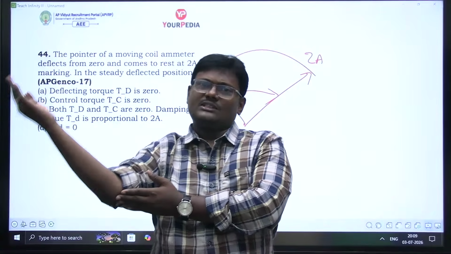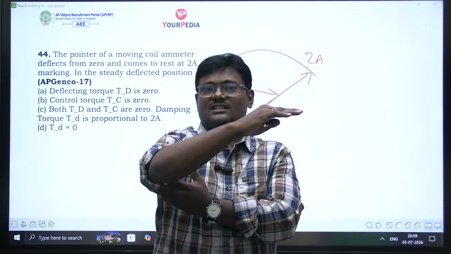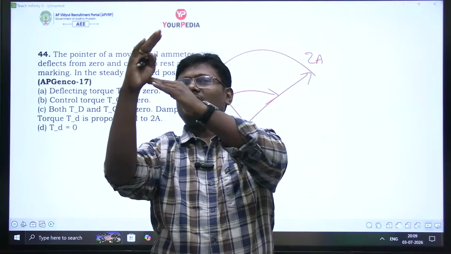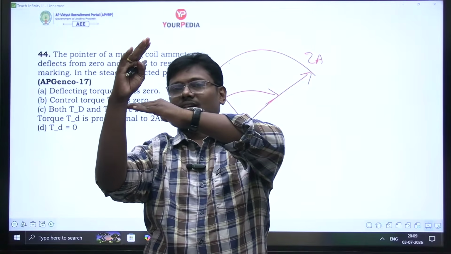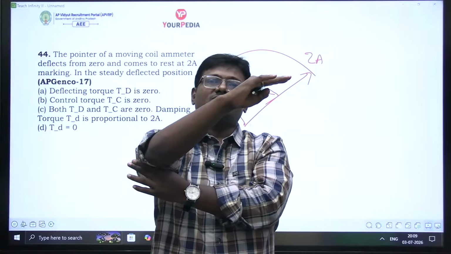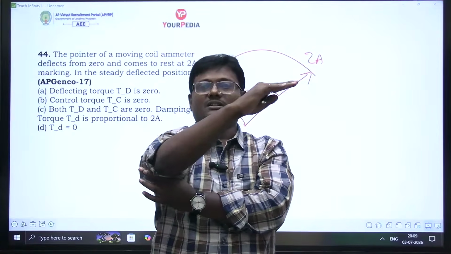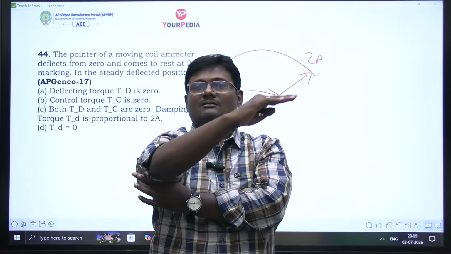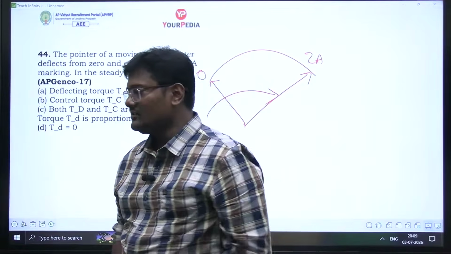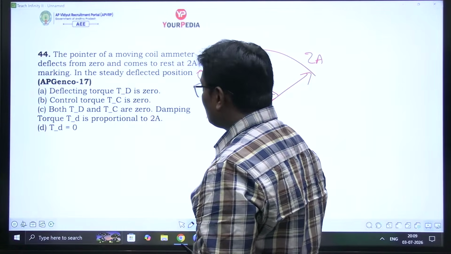With that force, it will go to the final steady state. But to oppose this deflecting torque, controlling torque is required. But what he is saying is it goes to the 2 amperes marking, the final position. So what happened to the controlling torque? The controlling torque is 0.